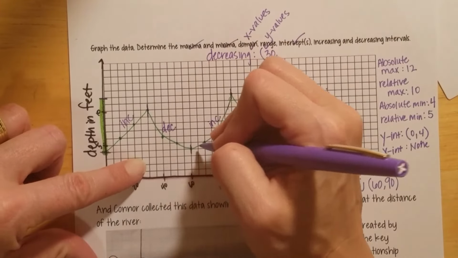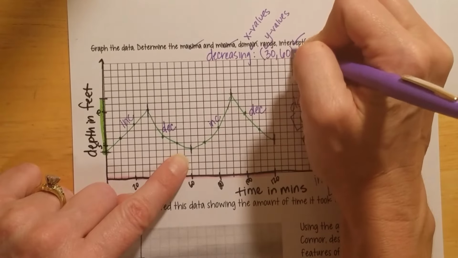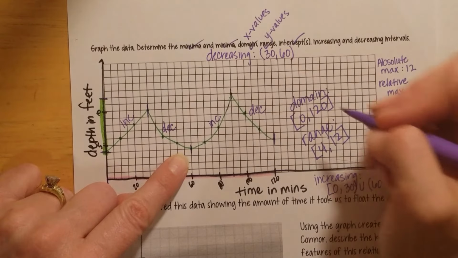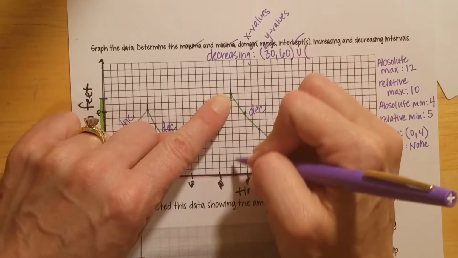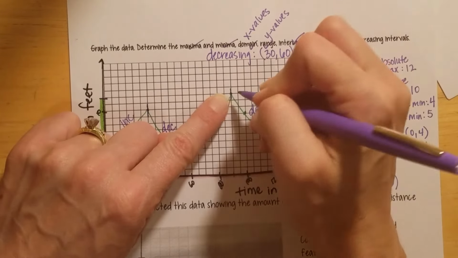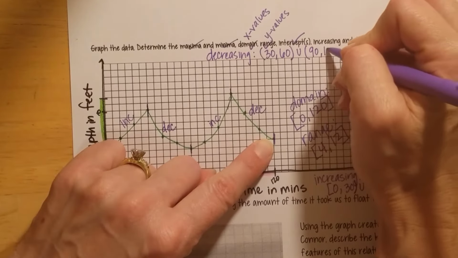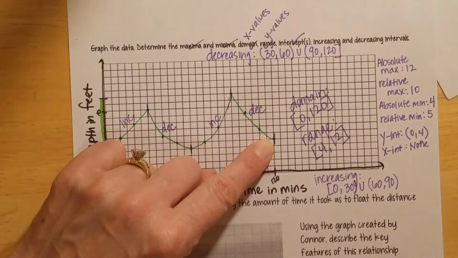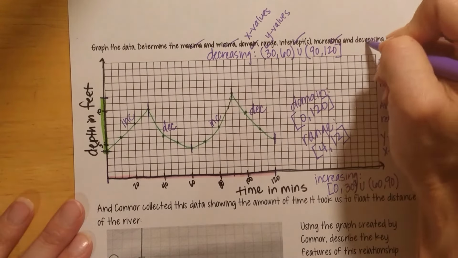And it comes down until we hit 60, again at a point of change, so it's also not included. And then there's another part that starts here at 90, not included because it's a point of change. And then it ends right here at 120, which because it's an endpoint is included, so it gets a bracket. Okay, and that is all of that.